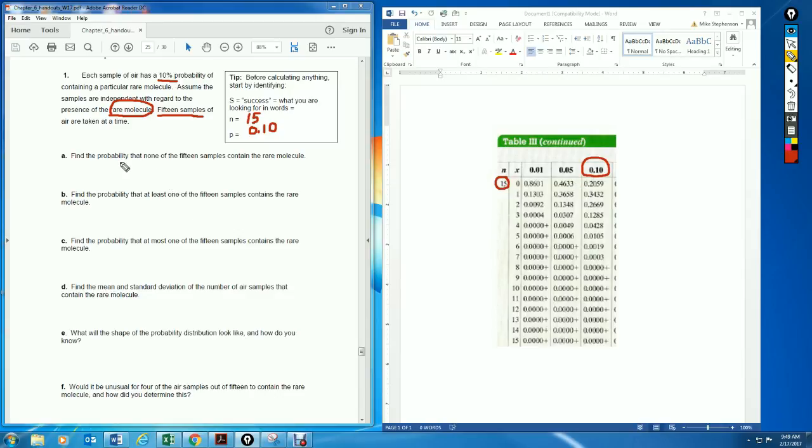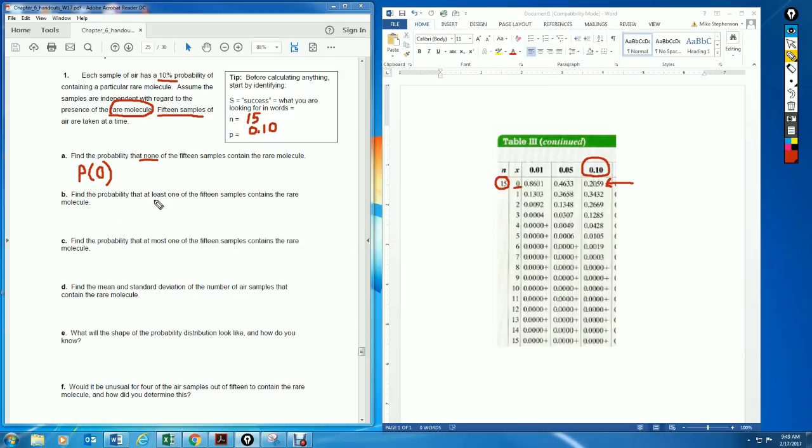So problem A, the probability that none of the samples contain the rare molecule. That is just asking you to find P of 0. Again, we already went over this, just go to the table and look. Right here is the probability of X equals 0. So it's 0.2059.